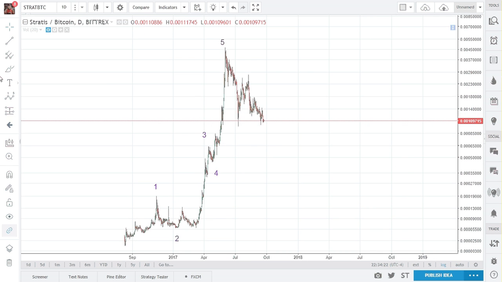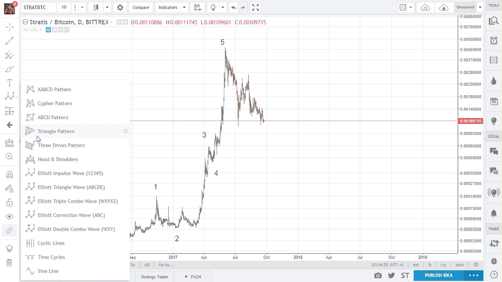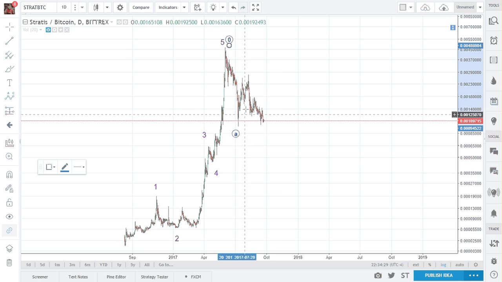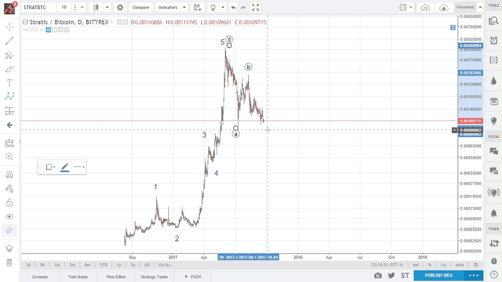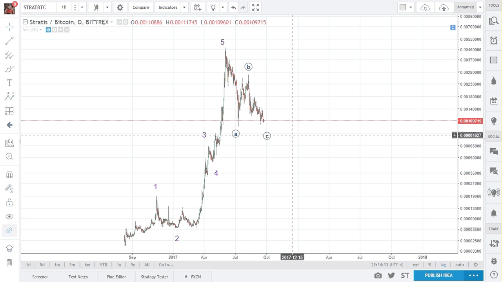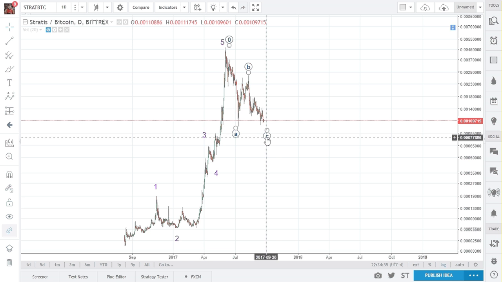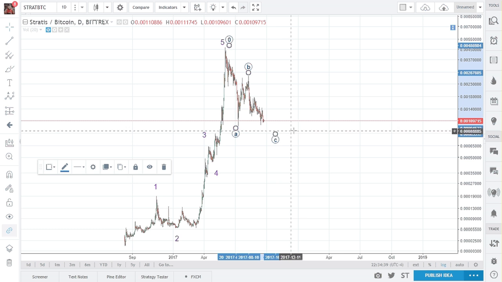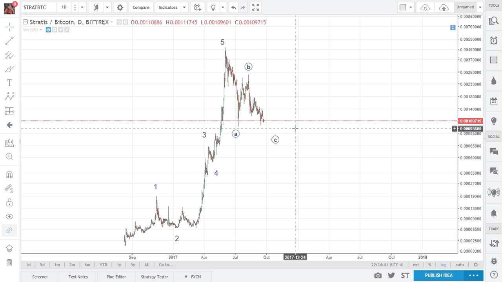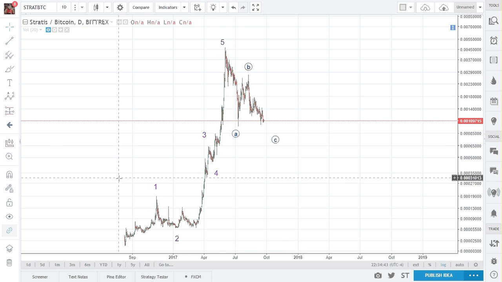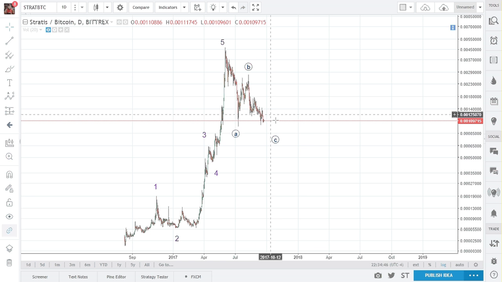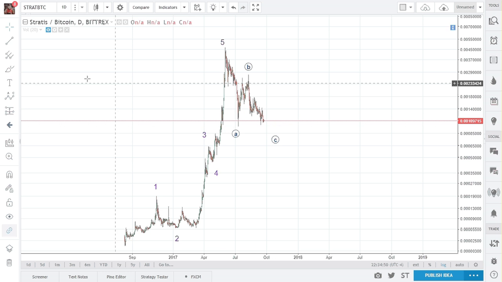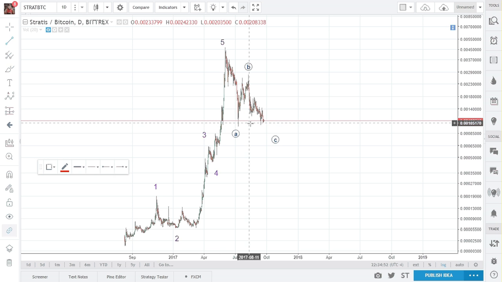And after 5 waves, A, B, C. And this C may have a little more to go, which is also why in that broadening pattern it might still go a little lower to touch the lower support line. Same thing, different visual.